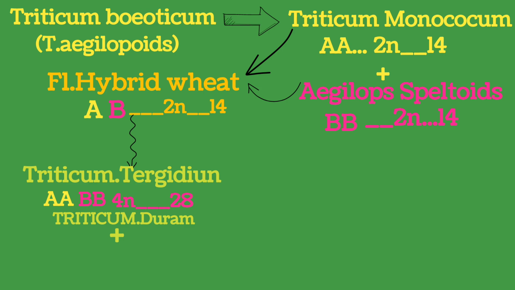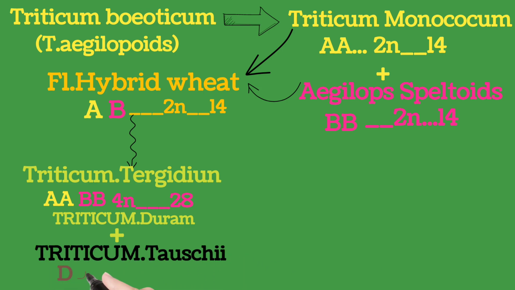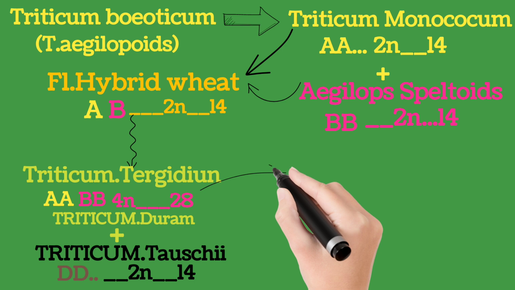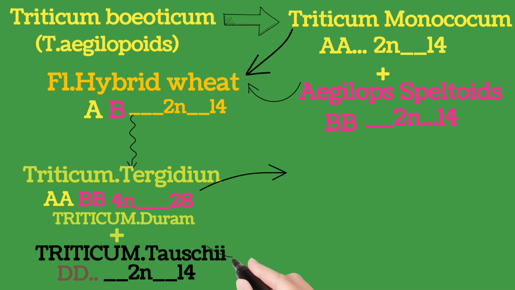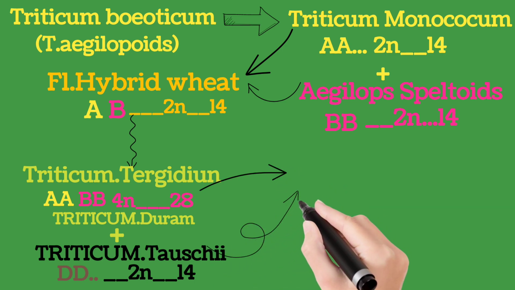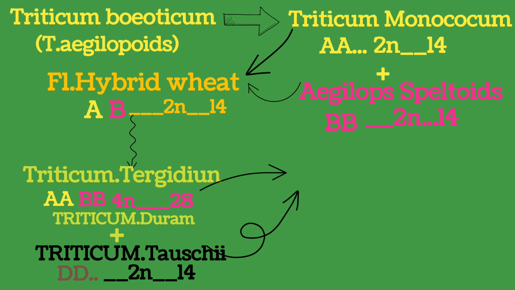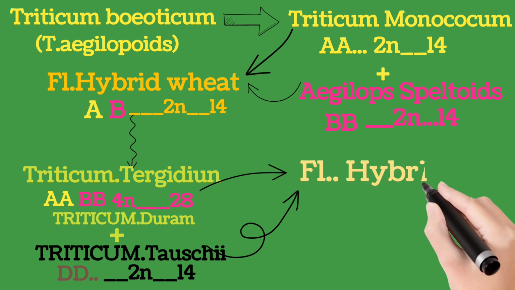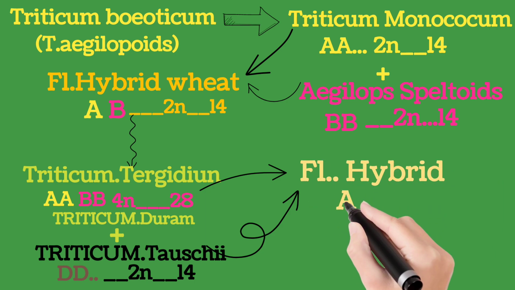Now after their cultivation, the species has also been crossed with one more wheat species, Triticum tauschii, with a different genome. Now after interbreeding, they again form what we call hybrid wheat. Now this hybrid wheat is basically triploid.